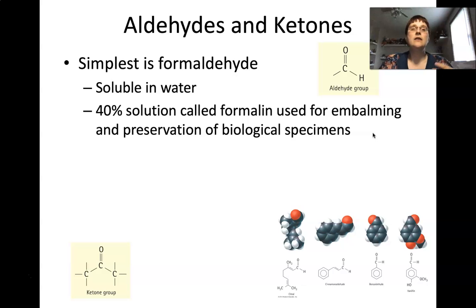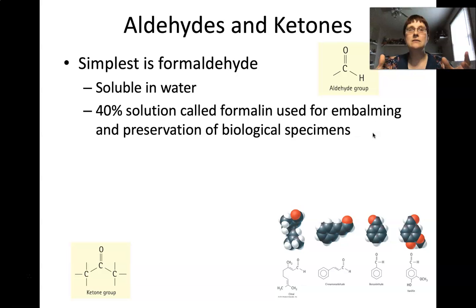This is what we use if you've ever smelled an older specimen of any sort of dead organism that's in one of those jars. It is preserved in this formalin, and it's really good at fixing tissues.